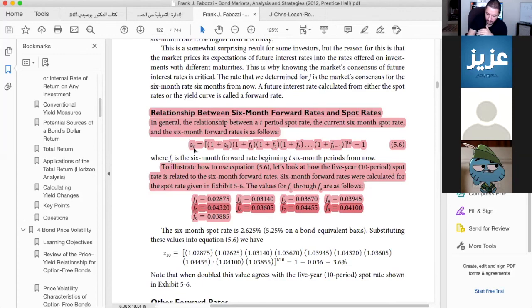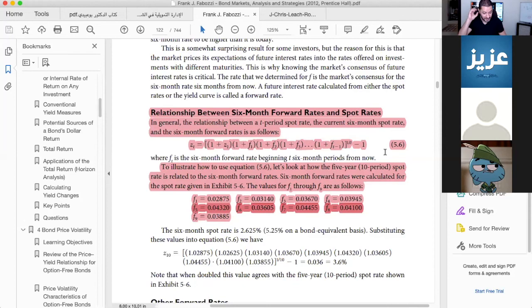Let's say ZT, the spot rate that we are looking for the period T, is equal to 1 plus Z1 times 1 plus F1, 1 plus F2, F3, until reaching F(T minus 1). The whole is to the power 1 divided by T, minus 1.